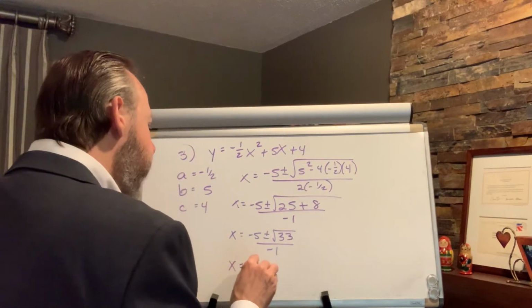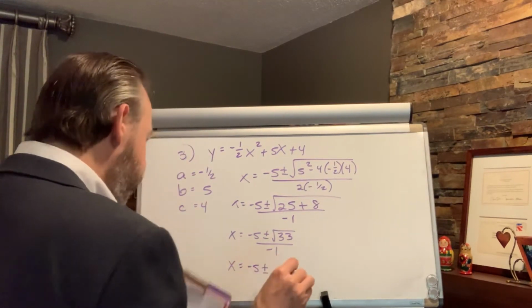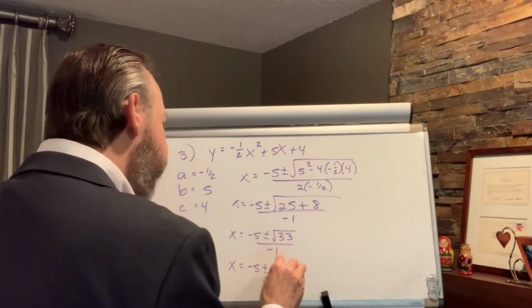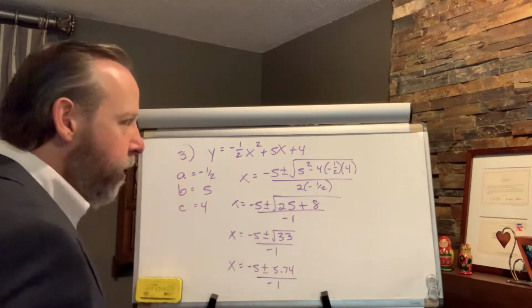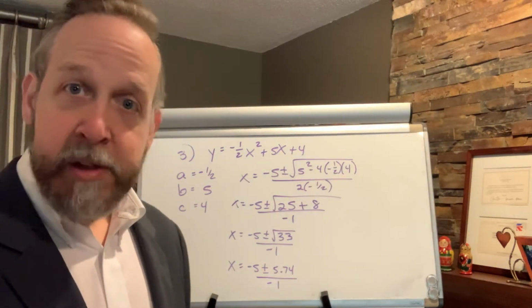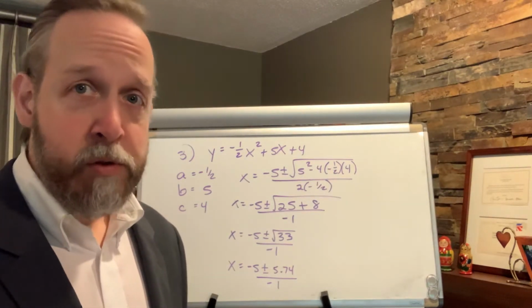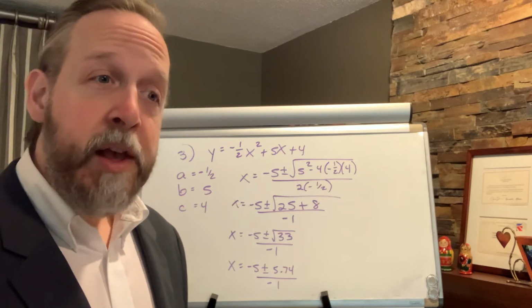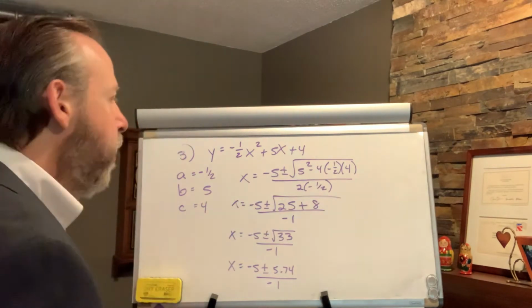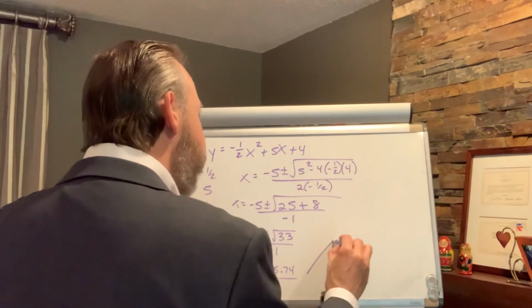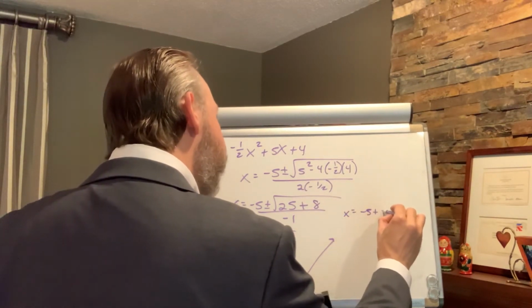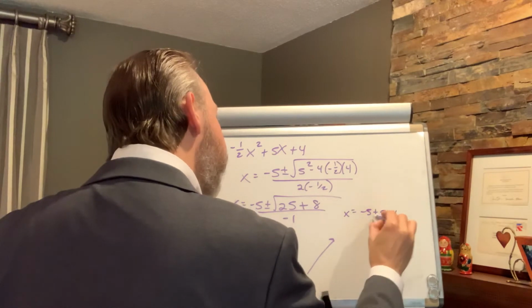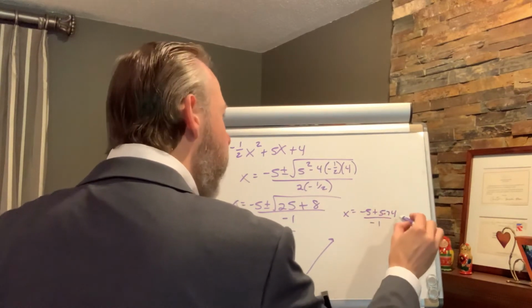So x equals -5 plus or minus 5.74 over -1. Yes, there can be decimal and fractional answers. It's not an issue. Just use the calculator to find the square root and round to 2 places. Okay, so I have to solve these 2 problems now. x is -5 plus 5.74 over -1.